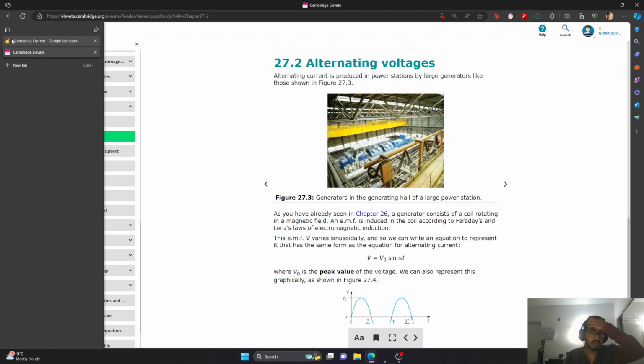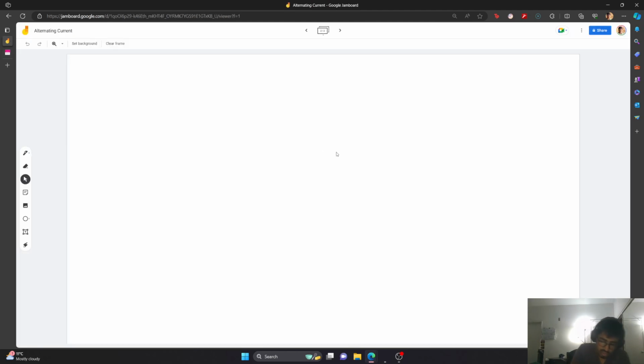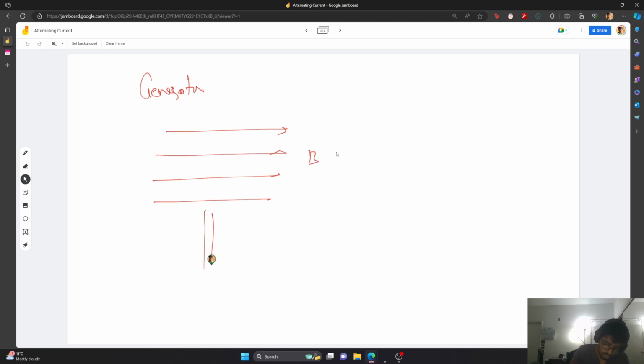Then what we also saw is in a generator. Recall that a generator is set up such that there is a constant B field, and the coil inside this is attached to something that rotates, right? What we noticed was that when it is completely flat, the flux is zero, but d phi by dt is maximum here.